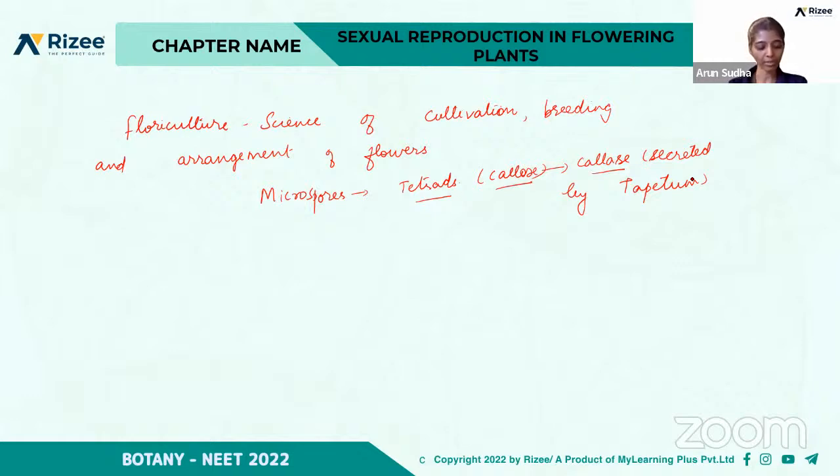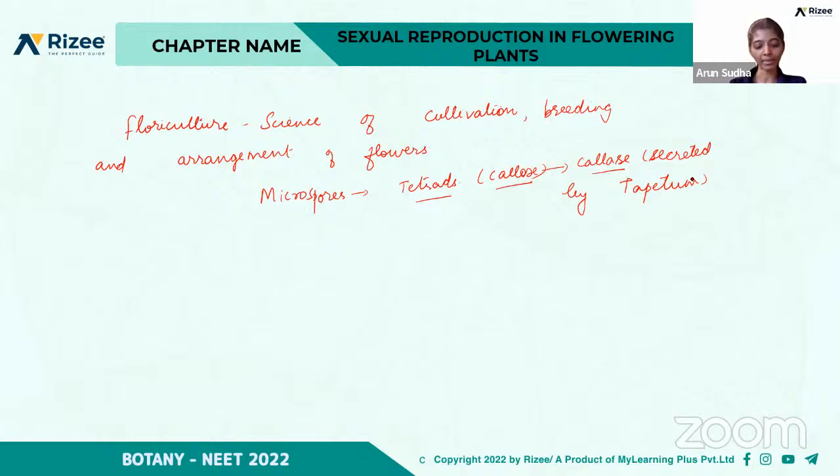Then the next question: in angiosperms, various stages of reductional division can be best studied in young anthers, mature anthers, young ovules, or endosperm cells. Yes, A, that is young anthers.